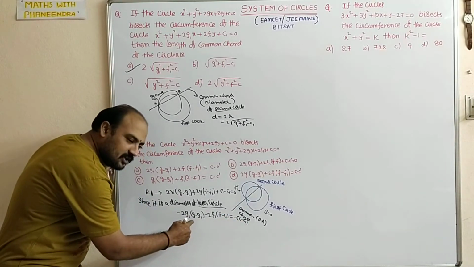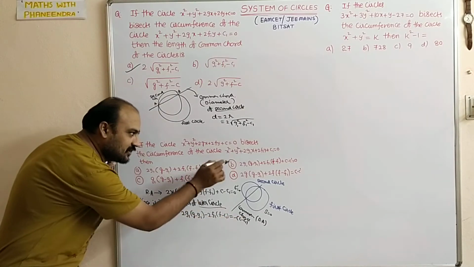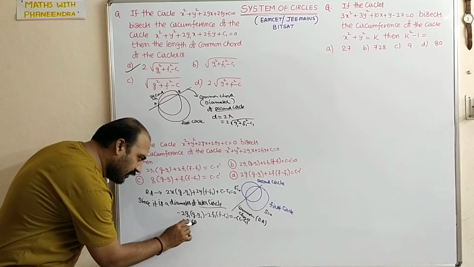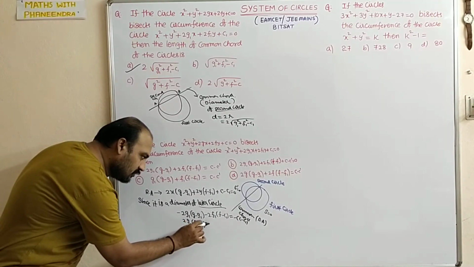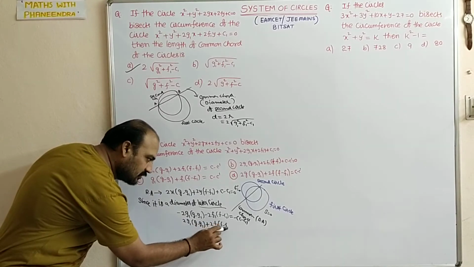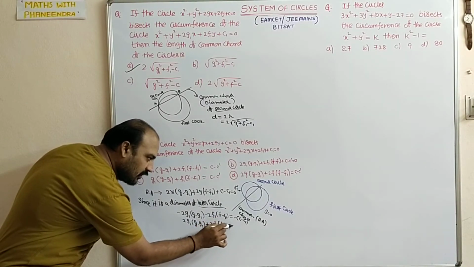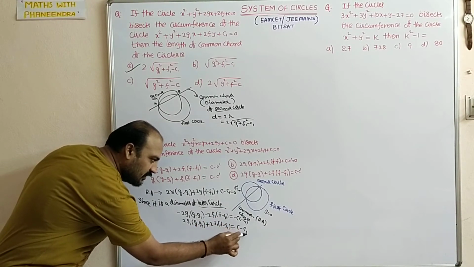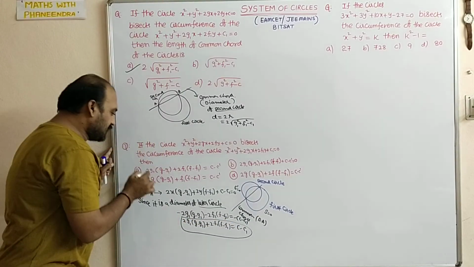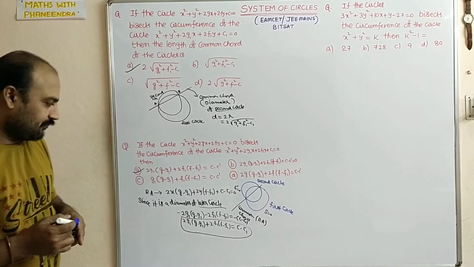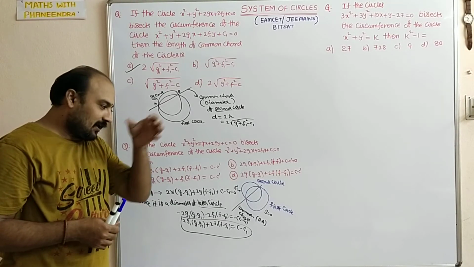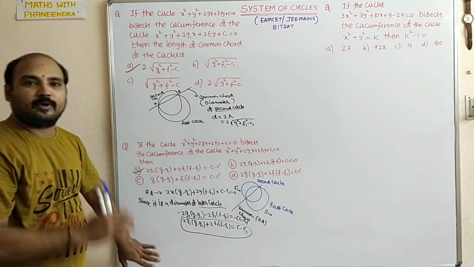If you take minus common from these two and cancel it, you will get 2g1 into (g minus g1) plus 2f1 into (f minus f1) is equal to c minus c1. So it is there in the first option. The center of the later circle lies on the radical axis or common chord.